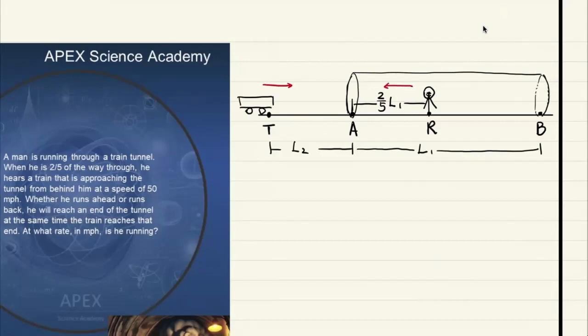So the question says, when the runner runs backwards, the train and the runner will reach point A at the same time.